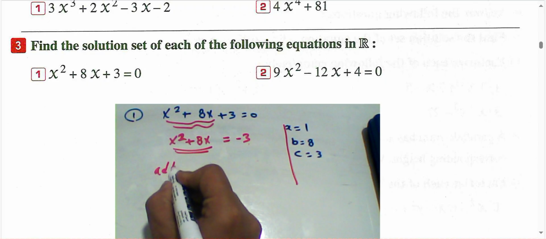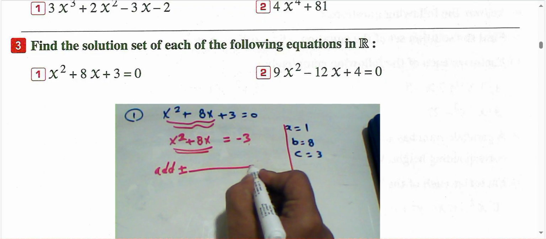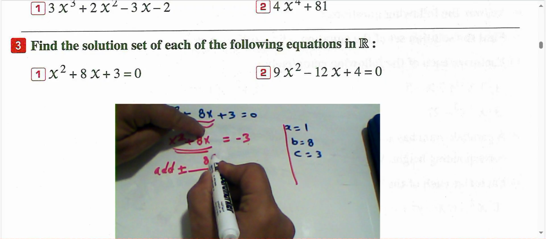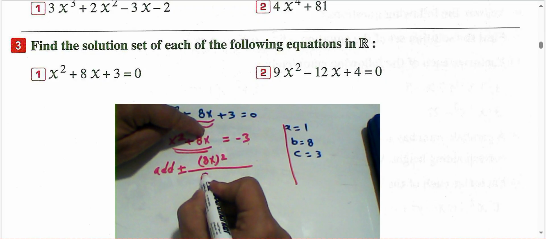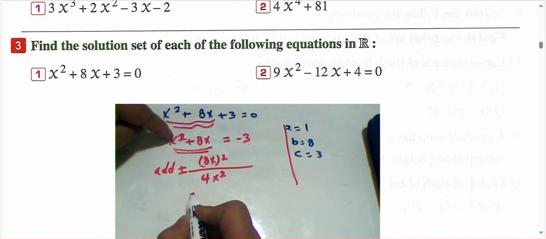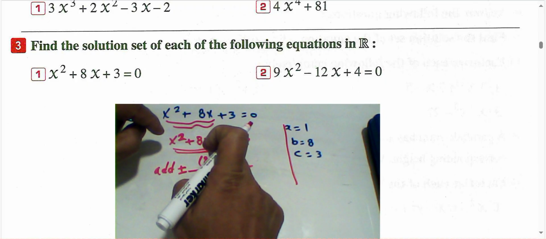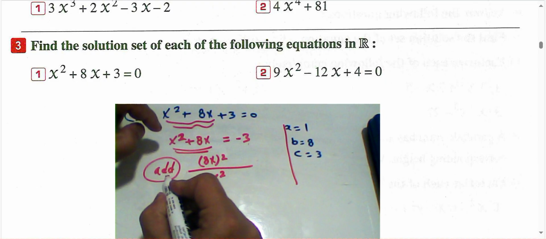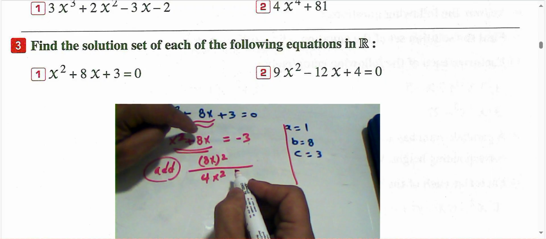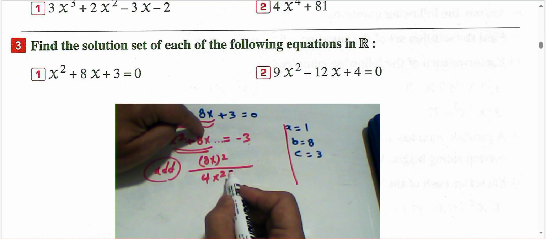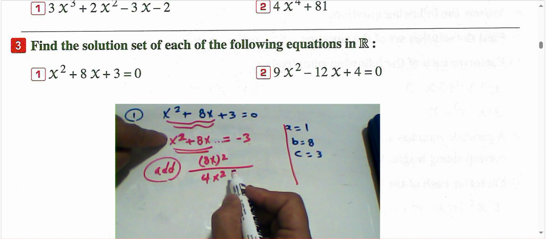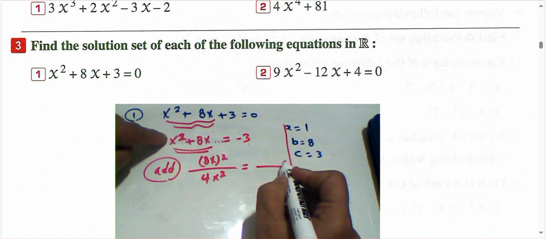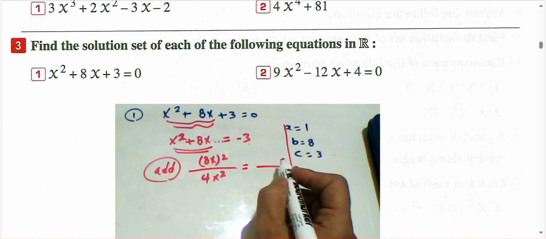We must add, positive or negative, the middle term 8x squared over 4 times x^2. We must add this to the left-hand side and the right-hand side.